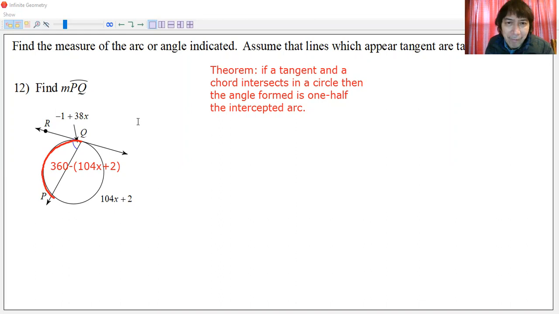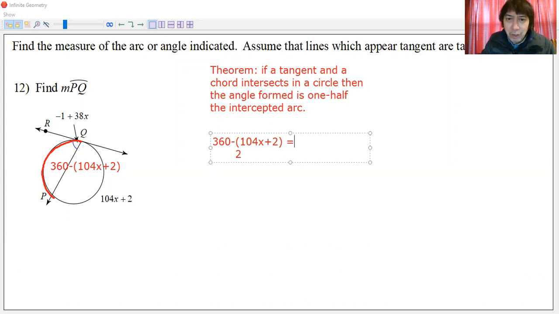Okay, all right, so we can have the solution starting with that 360 minus 104x plus 2. Okay, that's the one we can relate to the angle after dividing by 2. Okay, all right, there.